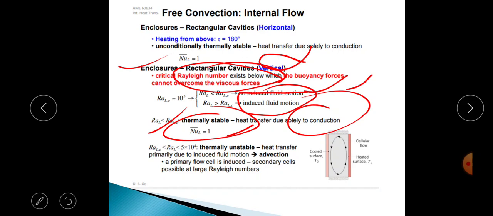And if Ra_Lc is less than Ra_L, which is also less than 5 times 10 to the power 4, that means it is thermally unstable, and heat transfer is primarily due to induced fluid motion, which is advection. So a primary flow cell is induced, and a secondary cell is possible at larger Rayleigh numbers.